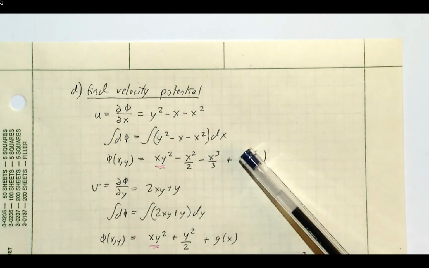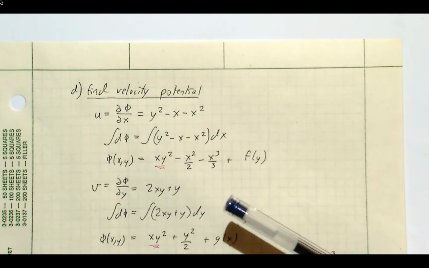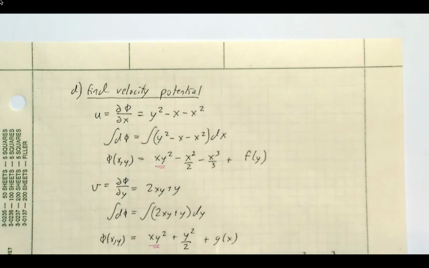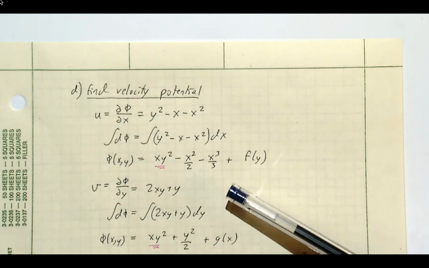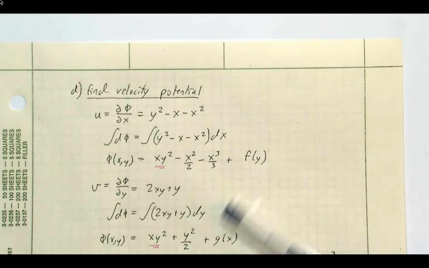We now need to make these two equations compatible by choosing f of y and g of x appropriately. That is only possible if and only if this is an irrotational flow. We already determined it's an irrotational flow, so we must be able to do this. If we determined it was a rotational flow, this would be a lost cause. You wouldn't be able to do this.